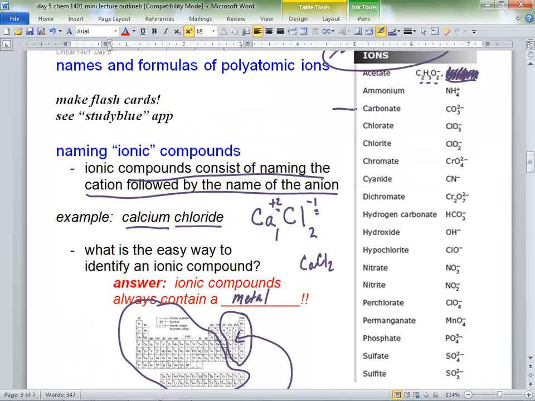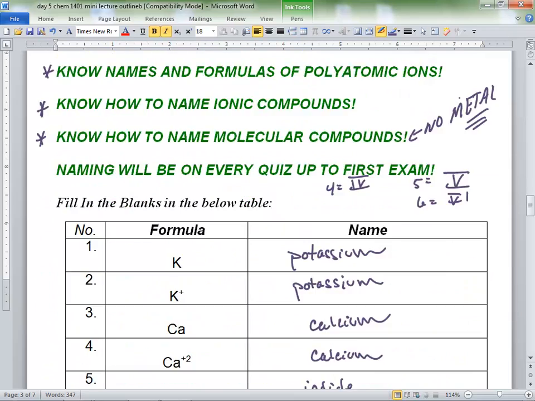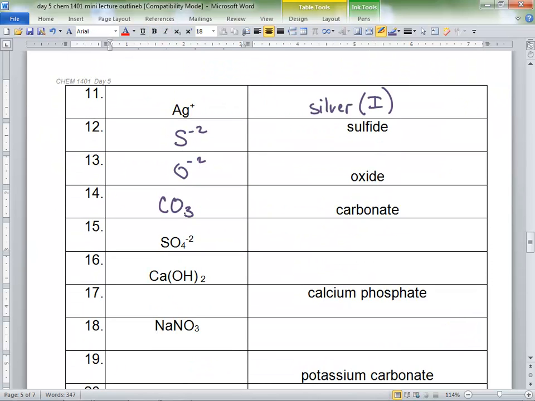Here it is. So it has to be this. CO3 with a negative 2. You see that? It has to be that one. Carbonate is CO3 with a negative 2. So we just have to memorize the names and formulas.